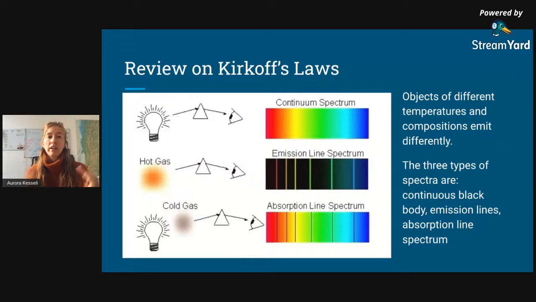So these are the 3 types of radiation and the 3 types of spectra that we can get: emission spectra, continuous blackbody spectra, or absorption spectra.